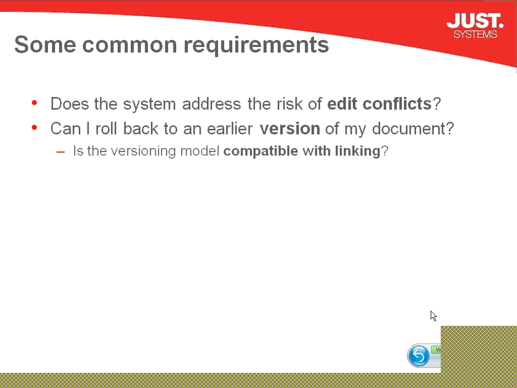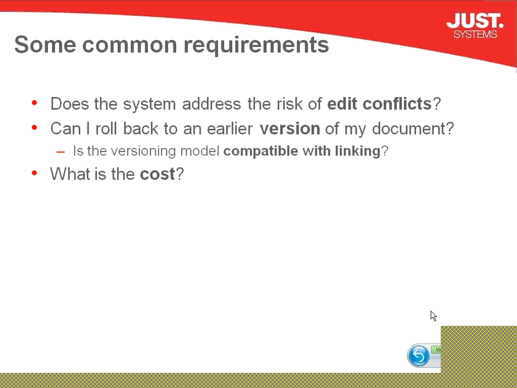So if you just save a new copy of your file under a new file name, it probably will break the link. So what people want in the system is a versioning model that's compatible with linking, and is not going to break the link. Those are the two main requirements that we'll be looking at today, because they're so fundamental.